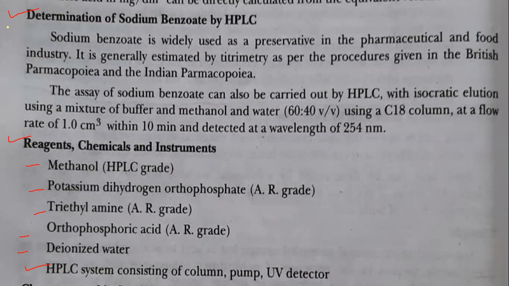Assay of sodium benzoate can be carried out by HPLC with isocratic elution using a mixture of buffer and methanol and water. त्याच्यामध्ये बफर असणार आहे, त्याचं मिक्सचर कशाबरोबर, मिथाल आणि वॉटर, in the ratio of 60:40 using a C18 column. Flow rate of 1 cm cube within 10 minutes and detected at the wavelength of 254 nanometer.